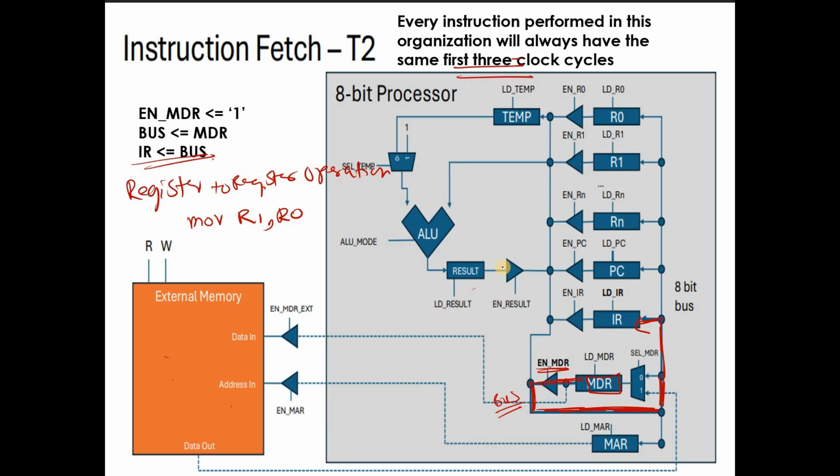How are you going to write the RTL for this? We want to move the contents of R0 into R1. So how are you going to write the RTL for this?